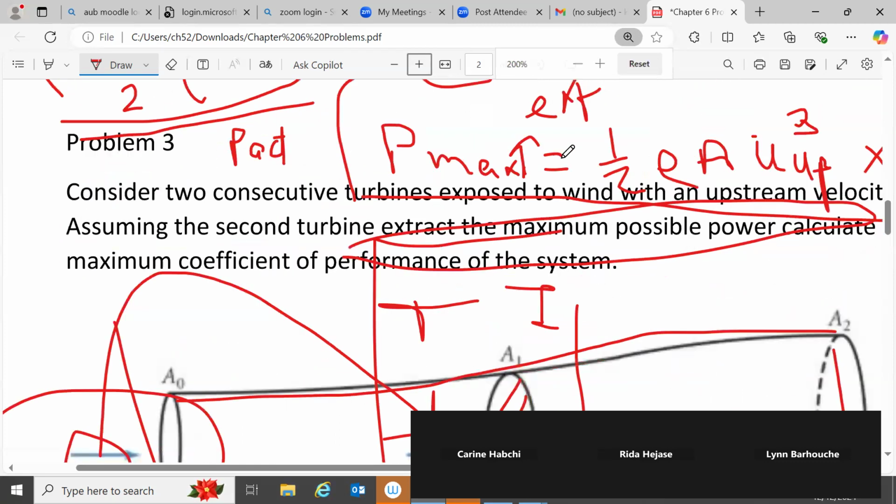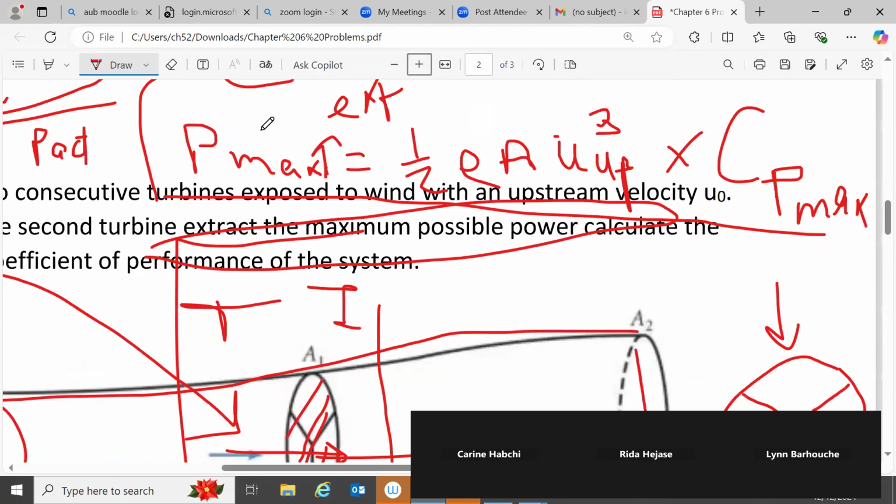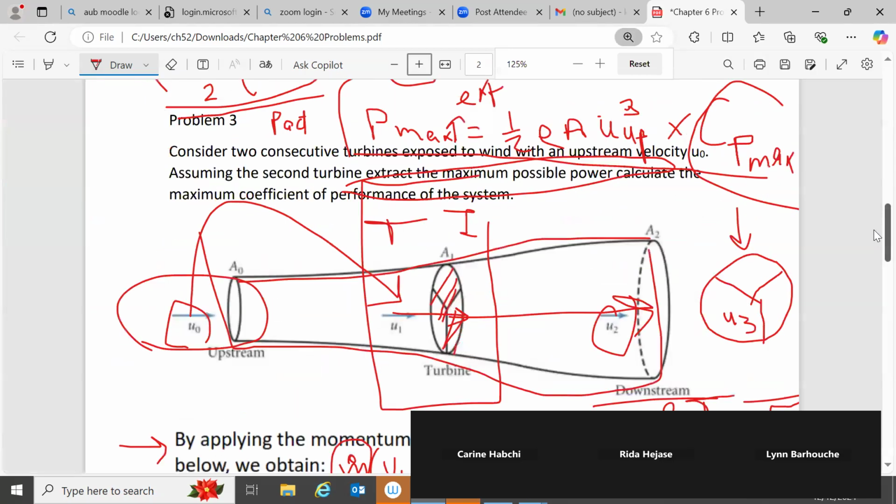The actual maximum. It's half rho A U upstream cube times the Betz limit, because if I want P actual to be maximum, I need to maximize the coefficient of performance. Okay? So now I can say the following.